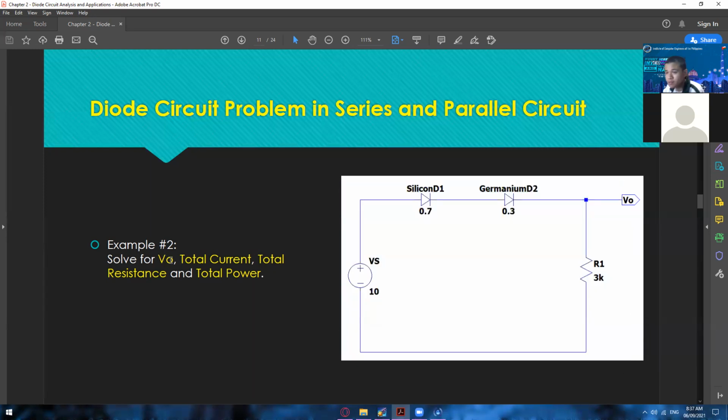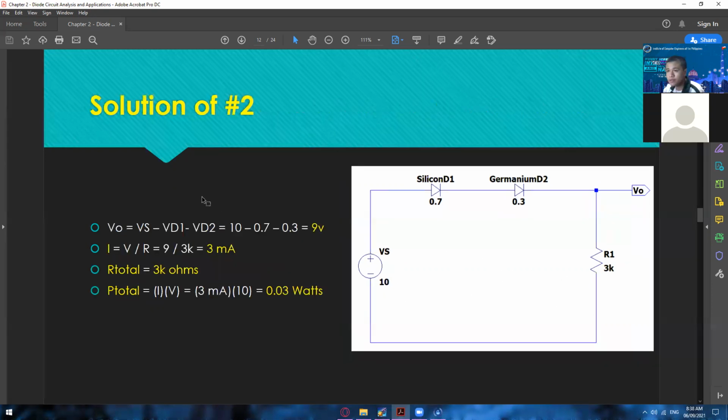So in here we have to solve the voltage output on the VO label, and then the total current of the circuit, and then the total resistance, and then the total power of this circuit. So here is the solution. This one is super simple.